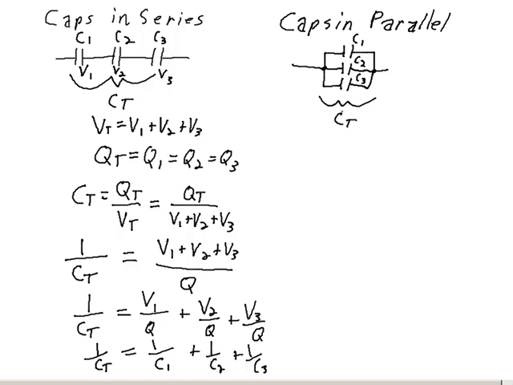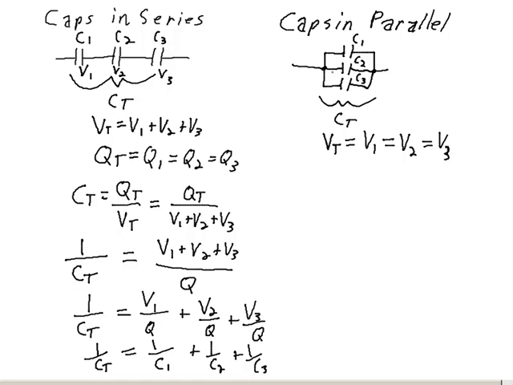And now if we look at capacitors in parallel, we've got a total capacitance across these three in parallel. And what you should recognize is that when you have components in parallel, they're all going to have the same amount of voltage across them. So total voltage will be equal to the voltage across capacitor 1, capacitor 2, and capacitor 3.